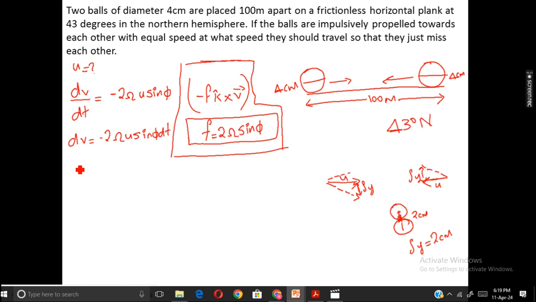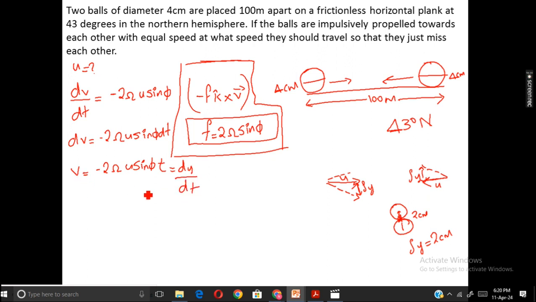Now we have to find u, right? We don't know what v is. We only know what y is. So we can integrate this equation. v is basically dy by dt. If we integrate with respect to t, it becomes v is equal to minus 2 omega u sine phi into t.